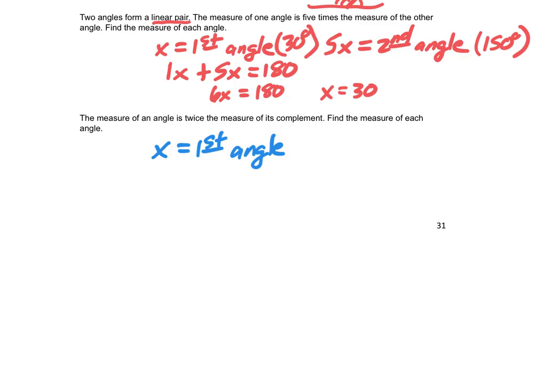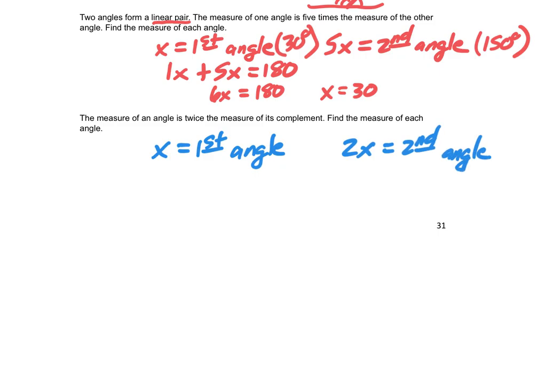Yeah. Okay, what does this mean? Complement, complementary, and complementary means, I have no clue. Okay, Austin, what do you think? Help him out. It's 2x. 2x is the second angle.